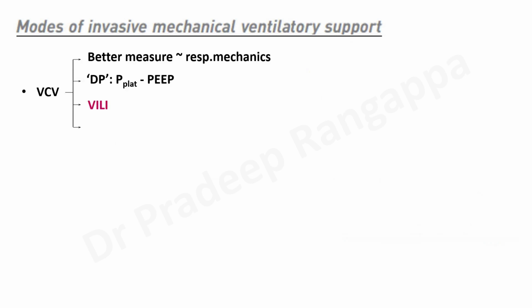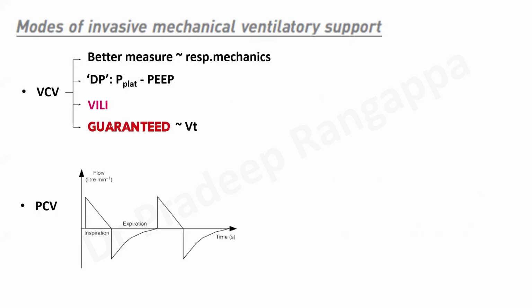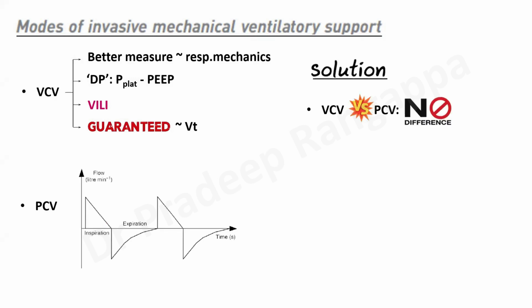Volume controlled ventilation is claimed to reduce the occurrence of VILI if it is delivered in the right way. And there is a guaranteed tidal volume, which is a benefit. On the contrary, pressure controlled ventilation is claimed to be superior because of the decelerating waveform. But when you look at the studies, volume controlled versus pressure controlled, none of the studies have shown any major difference.